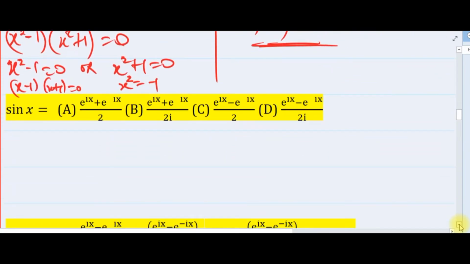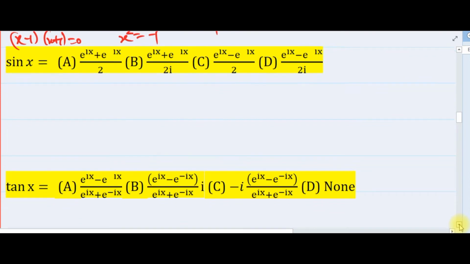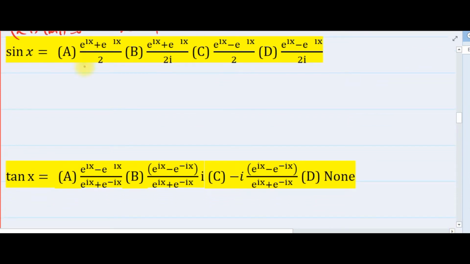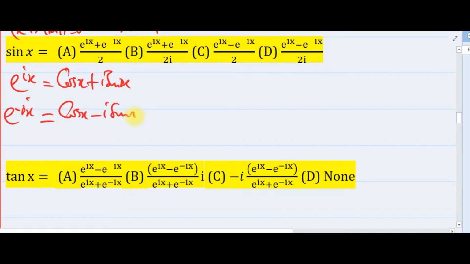So the next question, we're asked to find sine x. That's to check whether each one of these is the value of sine x. To solve this, we will remember our Euler's formula that says e raised to ix, because we are using x here, is cos x plus i sine x, and also e to the minus ix is cos x minus i sine x.